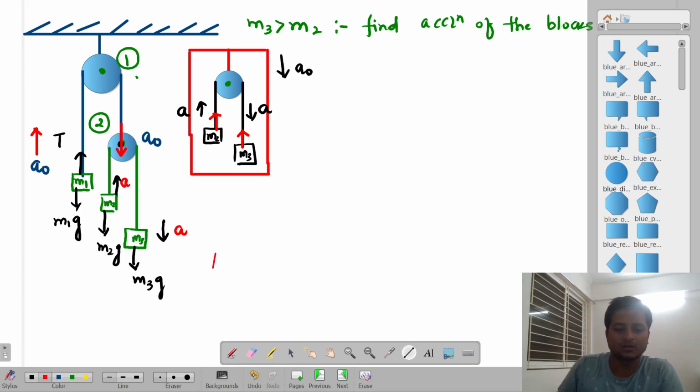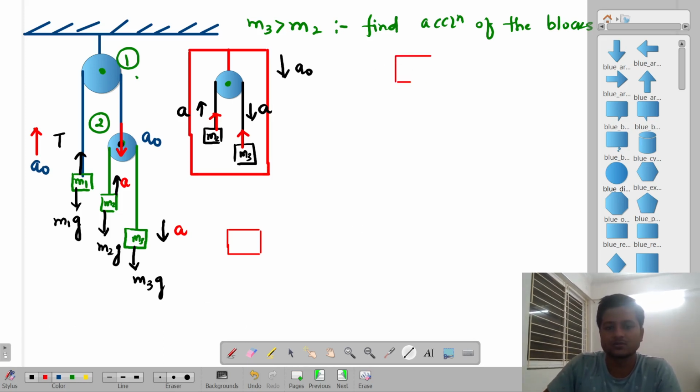So look over here. I'll draw the respective free body diagrams. This is going to be a little bit huge equation. Don't take tension. So this is my M2, this is my M3.